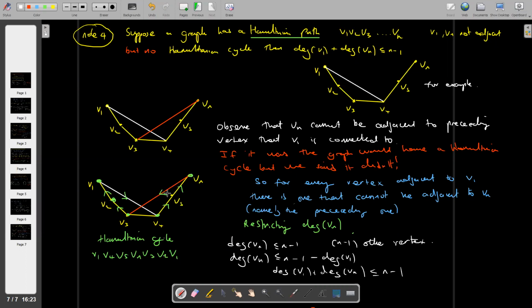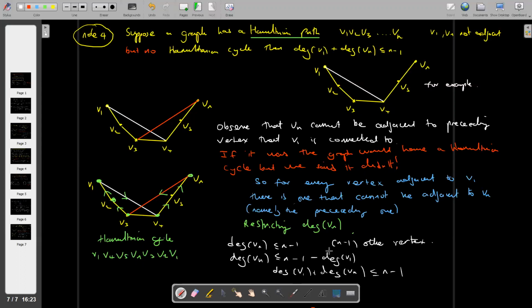That's important because that gives us a restriction for the degree of Vn. We already know that Vn has degree less than or equal to n minus 1.